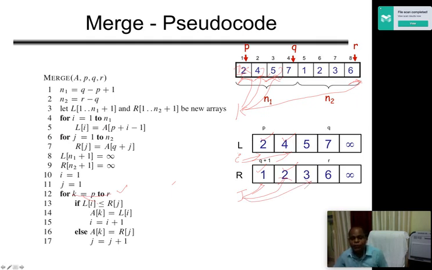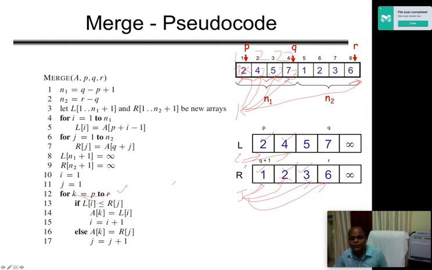Similarly, k will point to here. Now from 3 and 4, which one is smaller? 3 is smaller, hence 3 will go to here. That means first 1 has gone, then 2, then 2, then 3 is going to here, then j will be incremented.